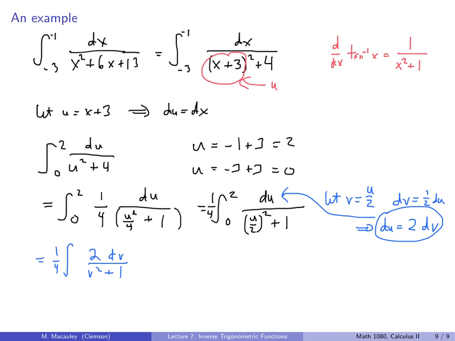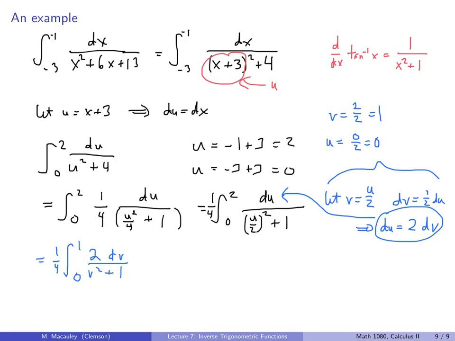The upper bound is when u equals 2, which means that v equals 2 over 2 equals 1. And the lower bound is when u equals 0, so v equals 0 over 2 equals 0. So this integral is from 0 to 1.